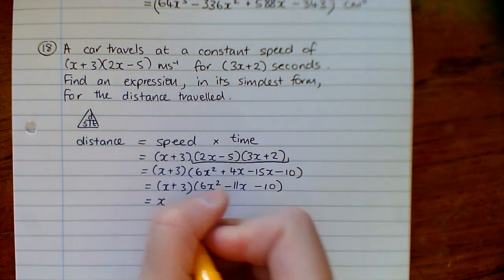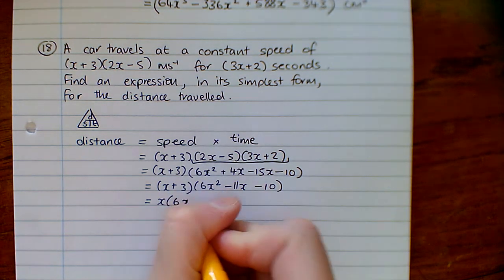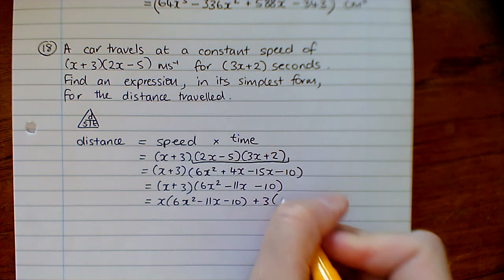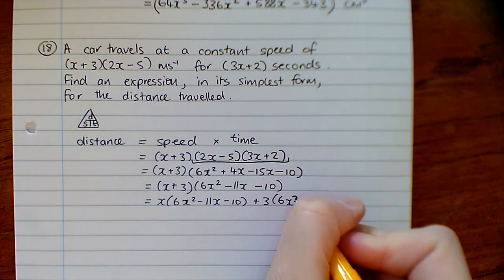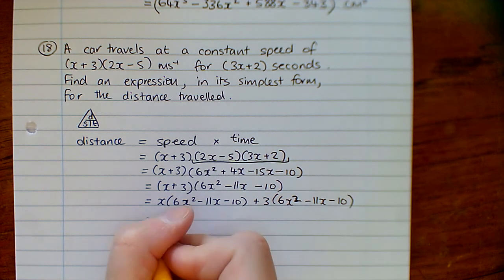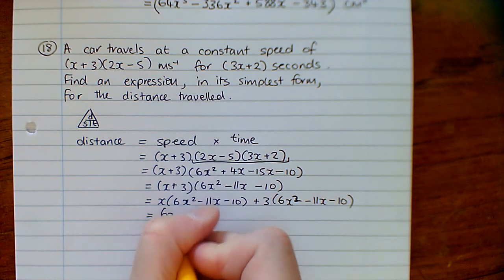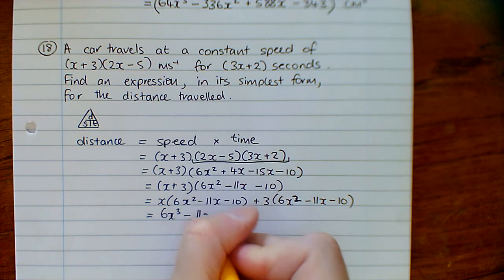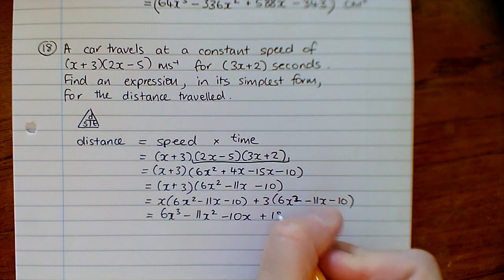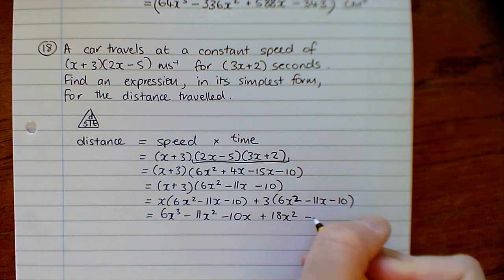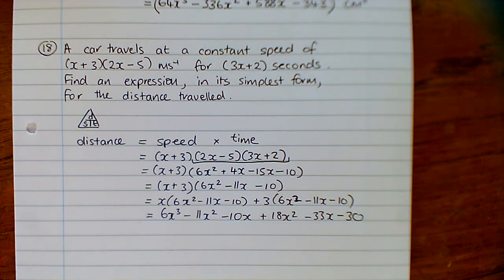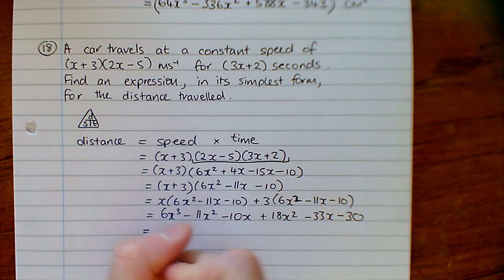Now I'm going to multiply that quadratic by x, and then by 3. So multiplying that out, we get 6x cubed minus 11x squared minus 10x plus 18x squared minus 33x minus 30. And then again, we're going to tidy it up.